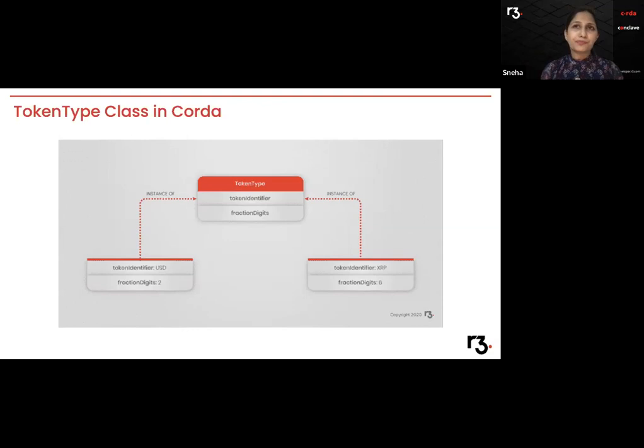Let's say the identifier is the string USD, and the fraction digits is 2. That's because the smallest denomination is 1 cent, which is 0.01 USD. That's how USD, which is a fixed base asset type, you can define using the token type interface.